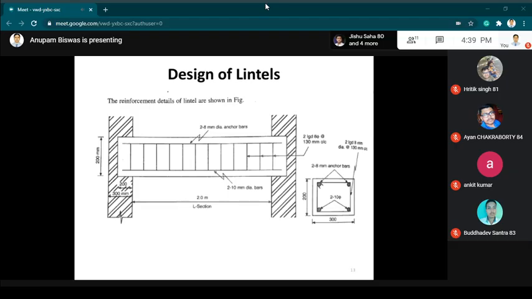So this is how after the design you have to draw the L section and the cross section. The cross section has to be provided by cutting the section of L. You can provide section AA or XX section. See, the width of the lintel is considered as 300 mm and the depth is 200 mm.